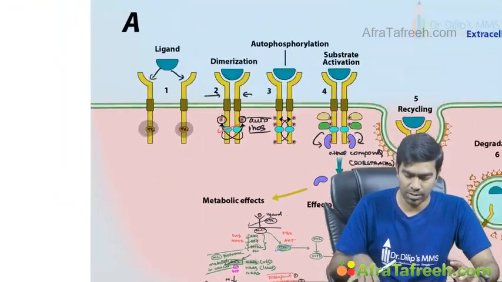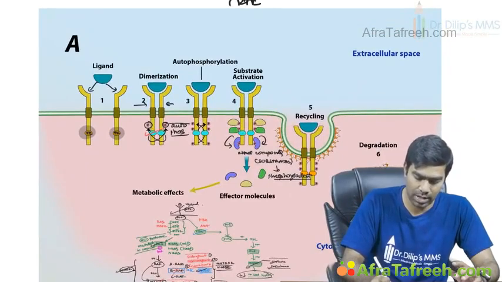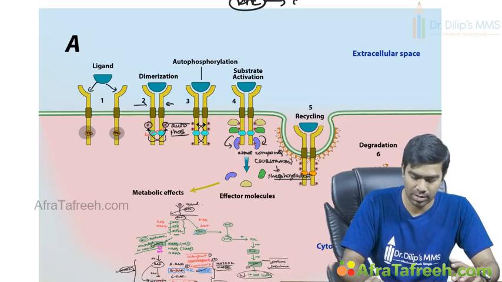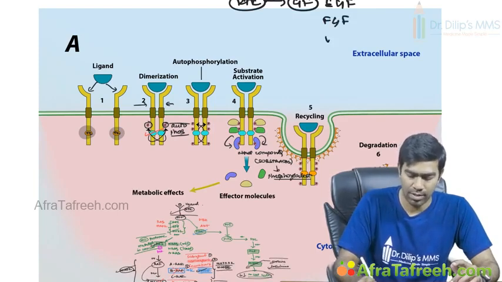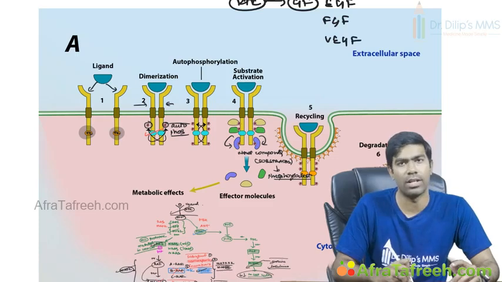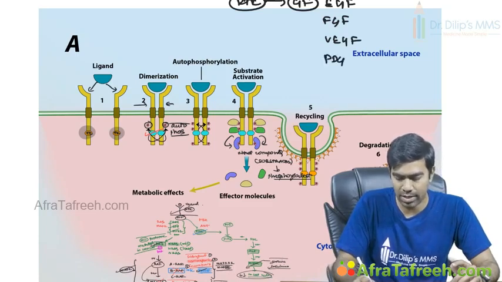Whenever you say receptor tyrosine kinase, it means growth factors. What are the growth factors? Epidermal growth factor, fibroblast growth factor, vascular endothelial growth factor. Then you have PDGF, platelet derived growth factor.